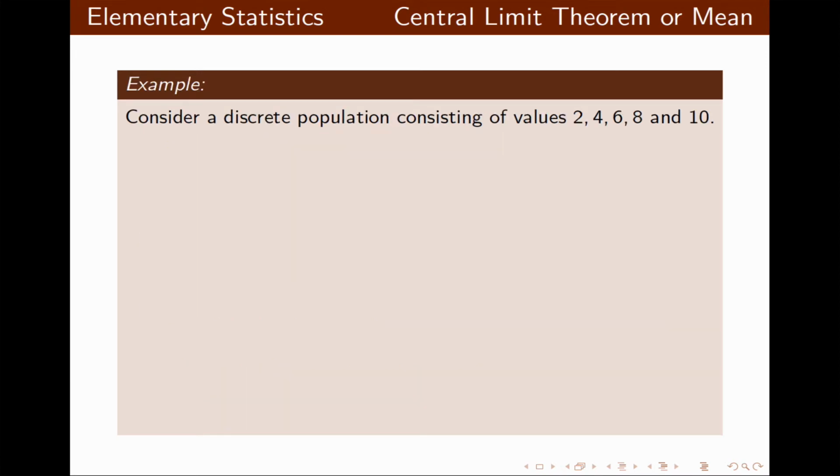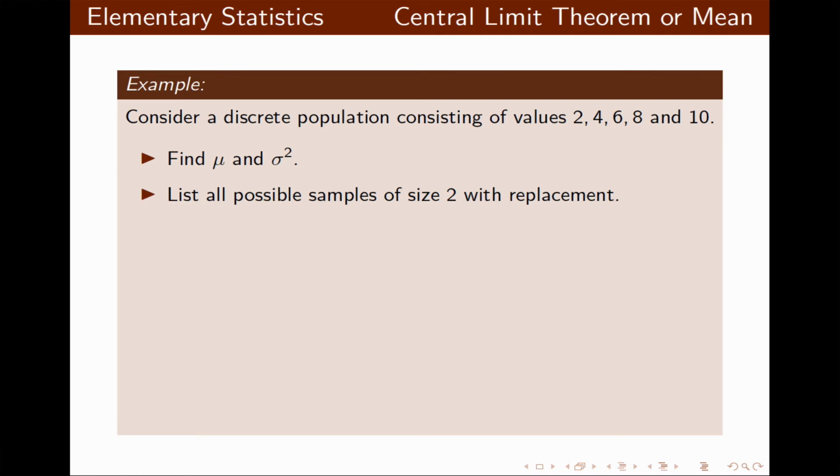Now let's do the same thing, this time with 5 numbers, 2, 4, 6, 8, and 10. We're going to use our TI calculator to quickly find the mean and the variance. We're going to list all possible samples of size 2 with replacement.